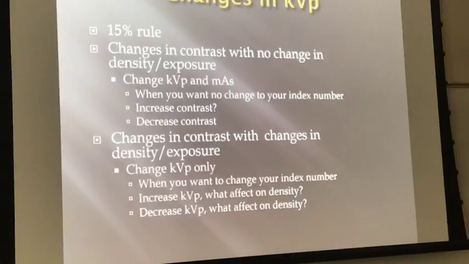So when you increase your kVp, density goes up, exposure goes up, probably going to bring your index number down on most machines. If you decrease your kVp, then contrast goes up and exposure goes down. Not necessarily your exposure number, but your exposure to the image receptor goes down.